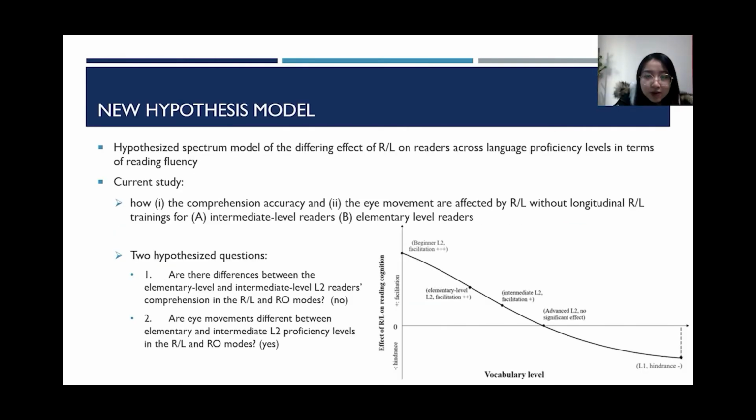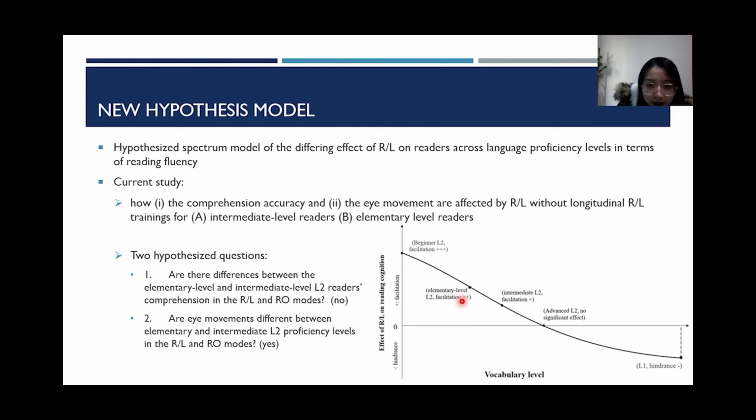Because there has been no eye movement data supporting RL's facilitation effect for elementary level L2 readers on a cognition level, we decided to extend upon the concurrent study by recruiting intermediate and elementary level L2 readers as our participant groups and investigate their comprehension accuracy and eye movements in the contexts of RL and RO.